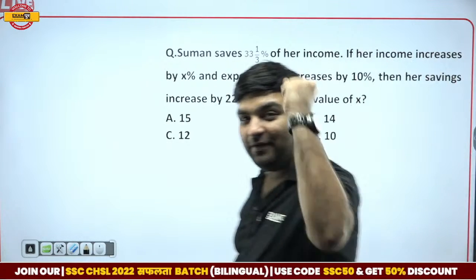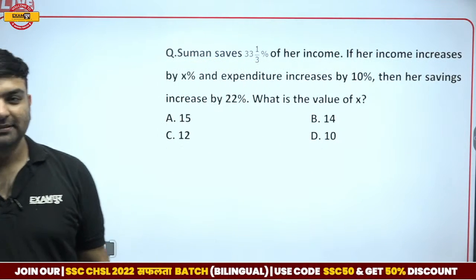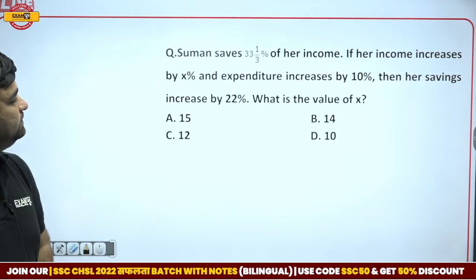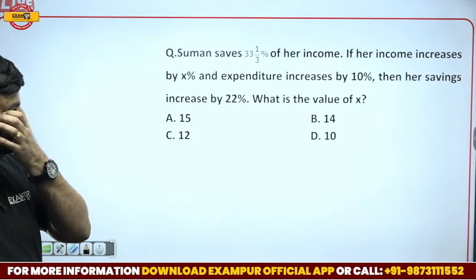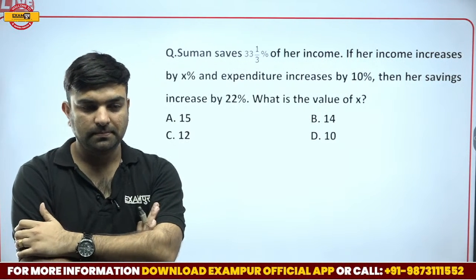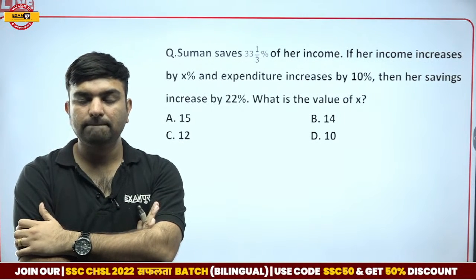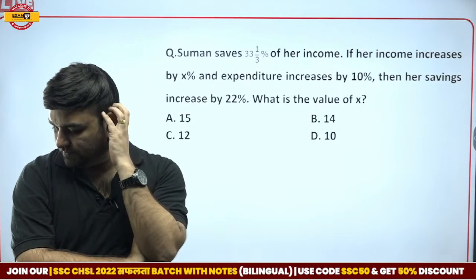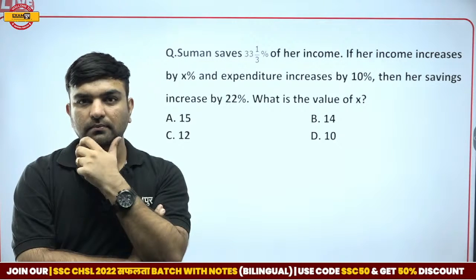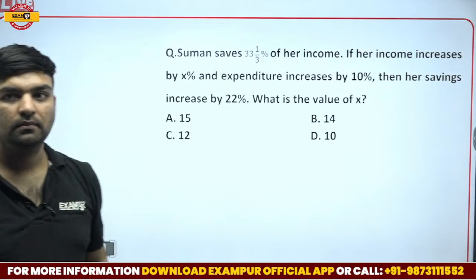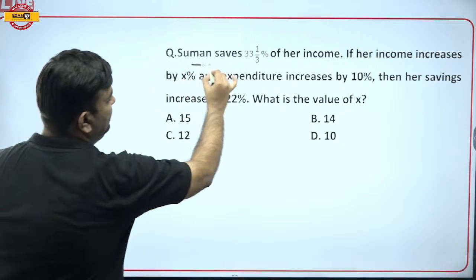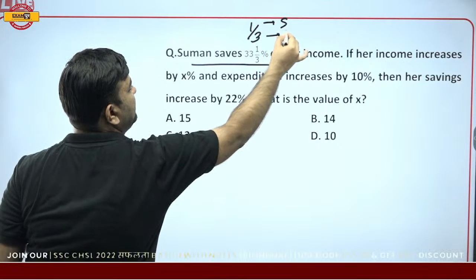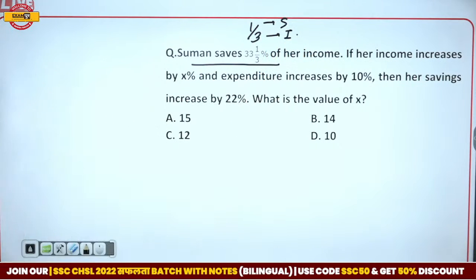Income, expenditure, savings. Suman saves 33 1/3% of her income. 33 1/3% is 1/3. 1 is the saving, 3 is the income.